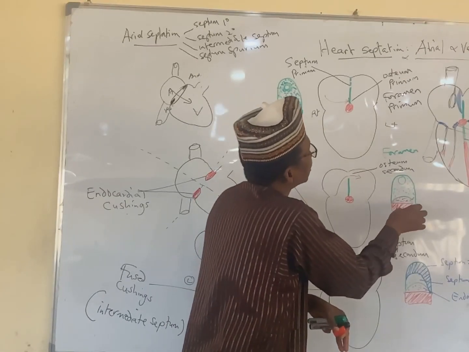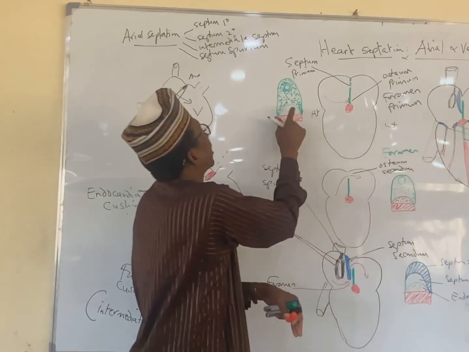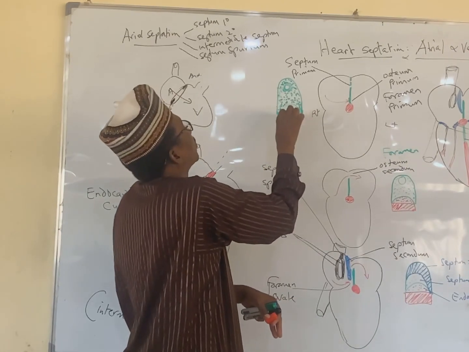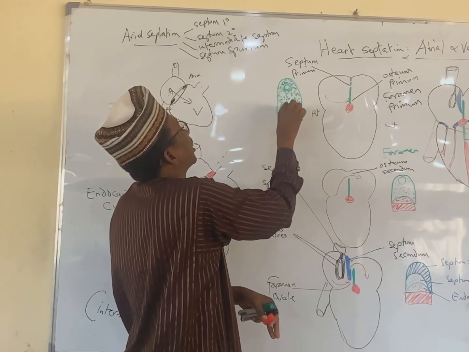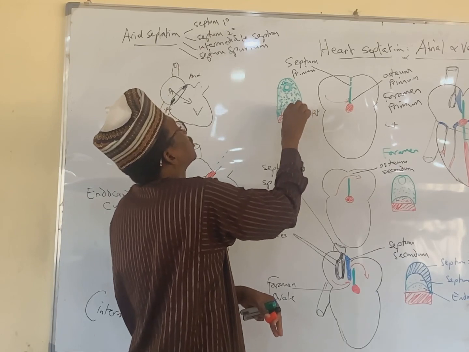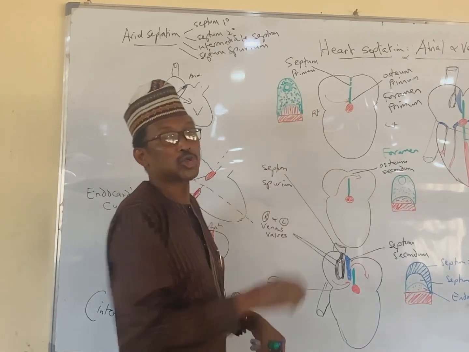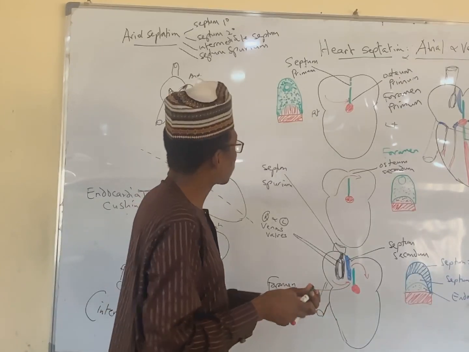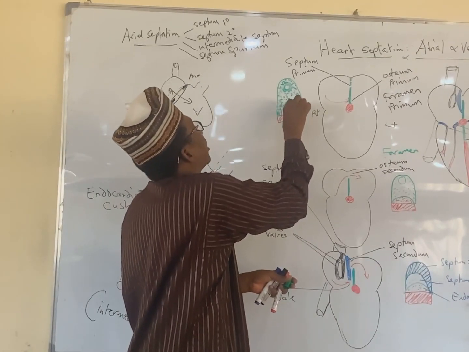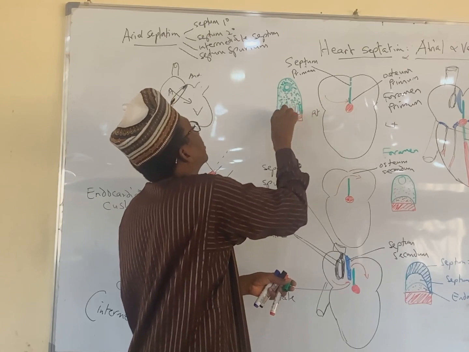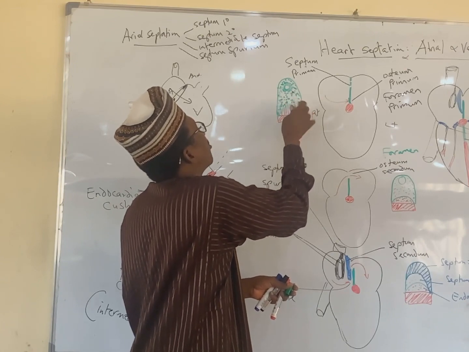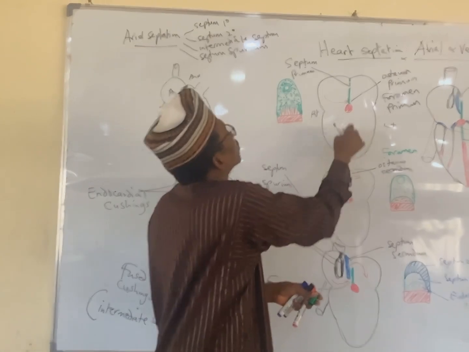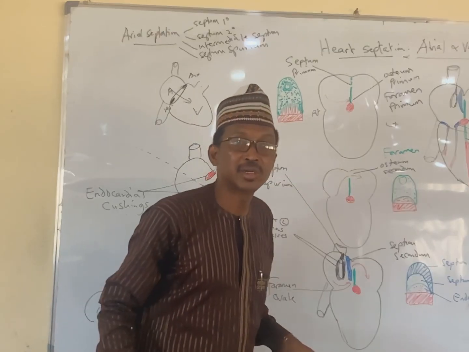So to close this ostium primum, there is a contribution from this intermediate septum. There is also growth from the lower part of the septum primum, so that at the end, this ostium primum is blocked.